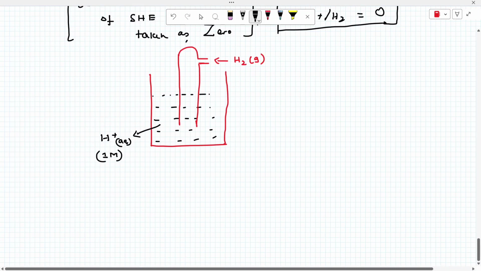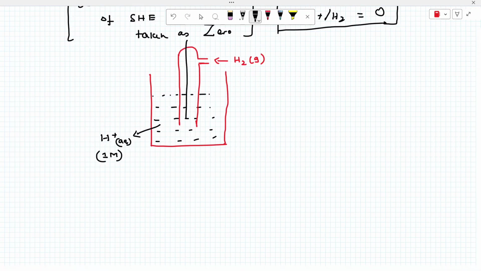Therefore, this is platinum coated. This is hydrogen gas at 1 bar pressure. This is the platinum wire coated with platinum black.